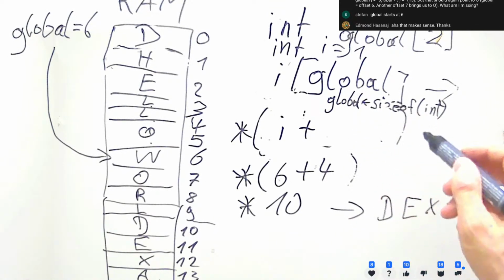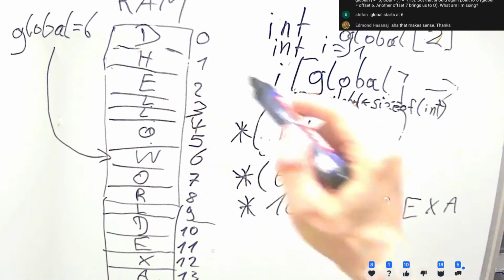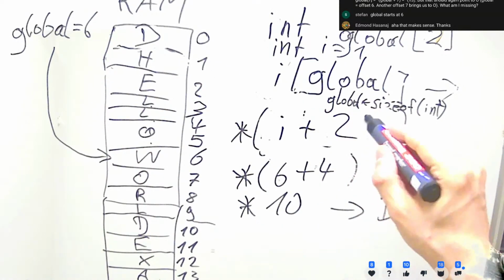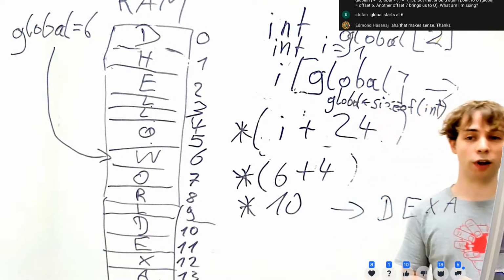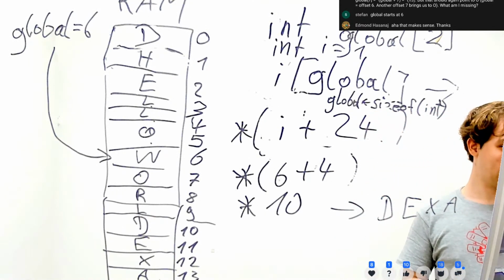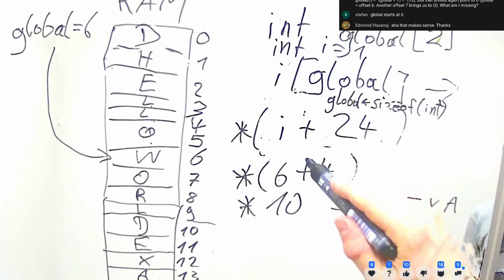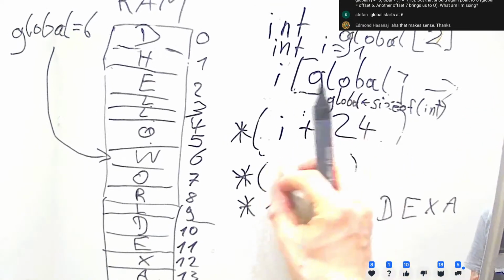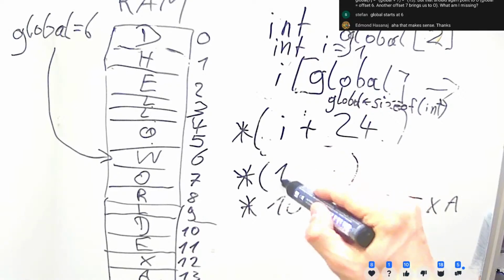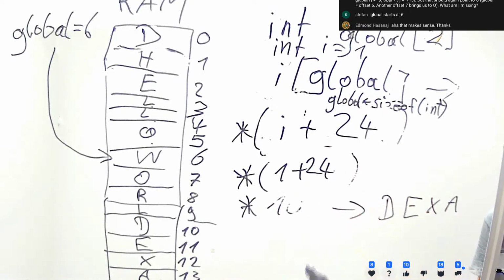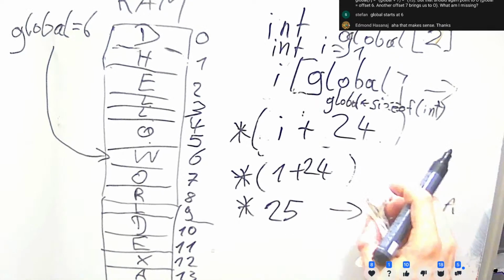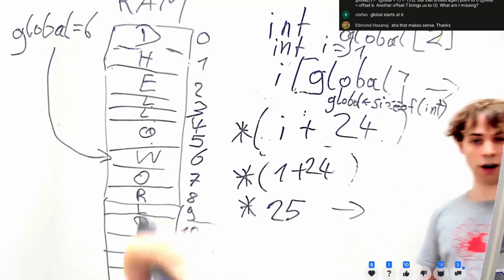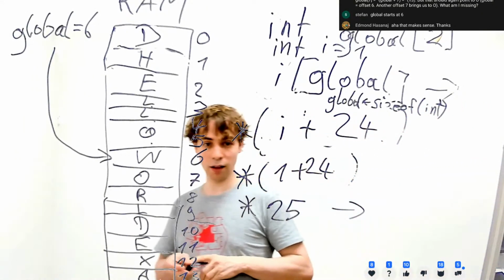And then now we have a completely different value here. 6 times 4, that's 24. So this doesn't always return the same value, but it does for character pointers. And then, of course, i would be 1. So it would lead us to 1 plus 24, if I'm not mistaken. And then we would have 25 here, and I don't even know what is written at 25, because I didn't write the array long enough.